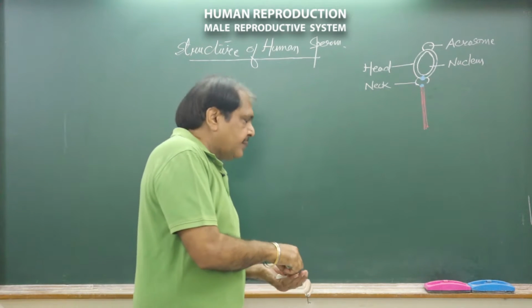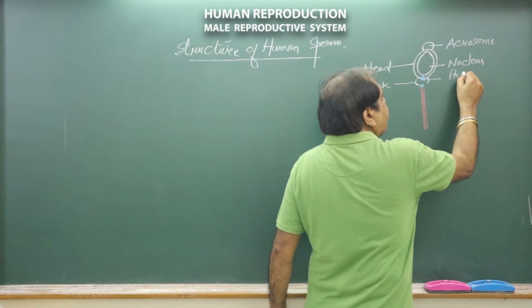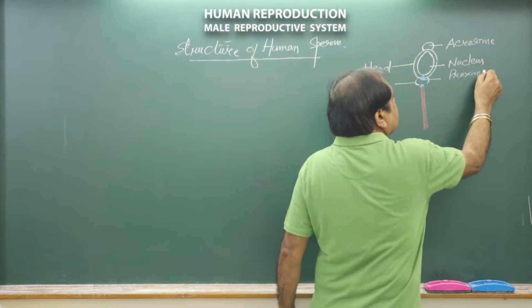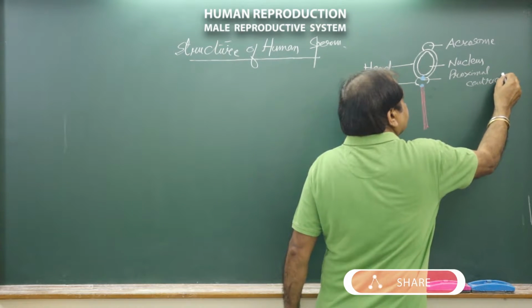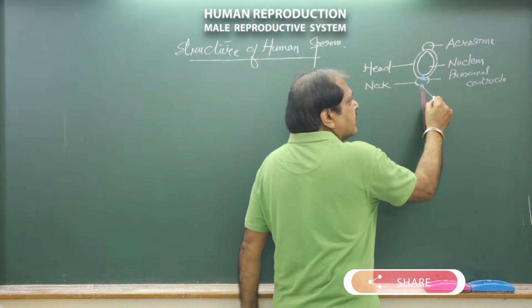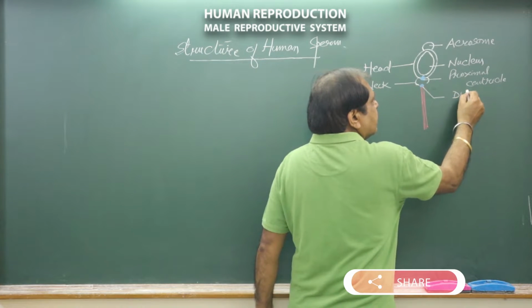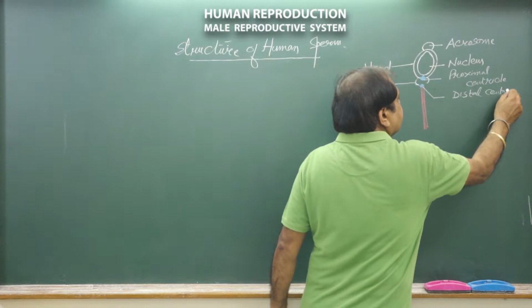Let us label it. This is the proximal centriole, and this is the distal centriole.